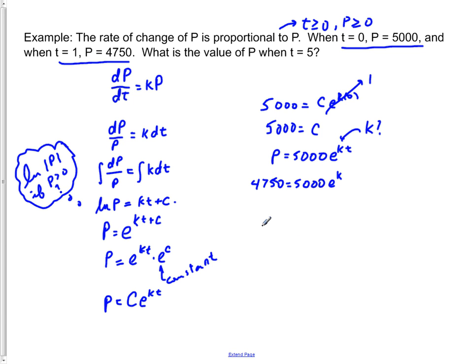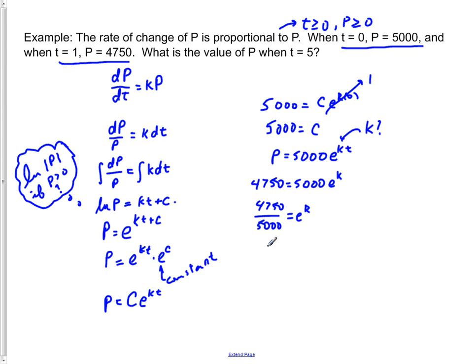A little bit of algebra magic right here shows that if we were to divide 4,750 by 5,000, we're going to get e to the k.